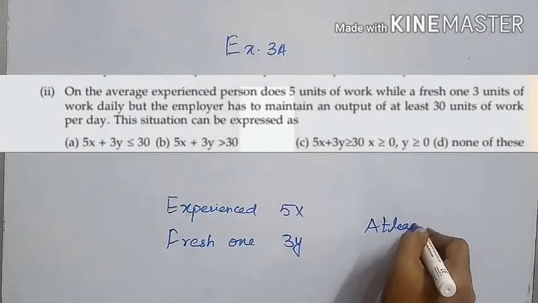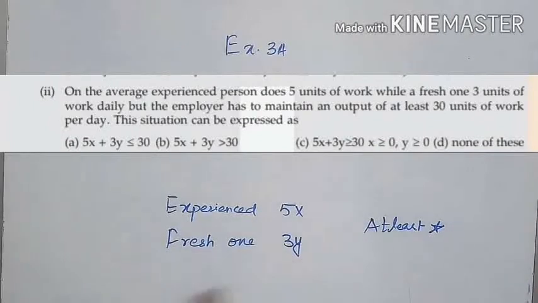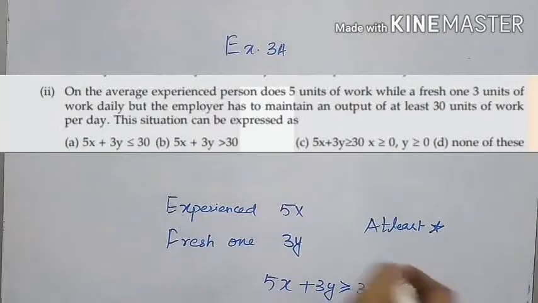So the key word that is to be noticed here is at least, which implies that the inequality symbol to be used is greater than or equal to. The answer is option C.